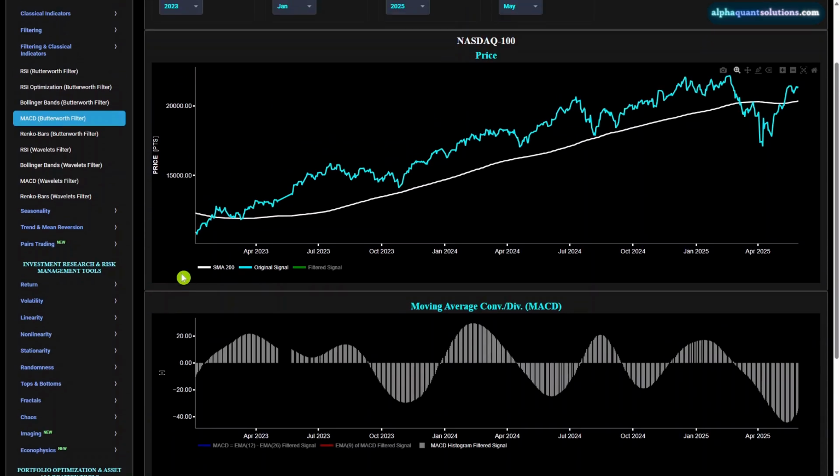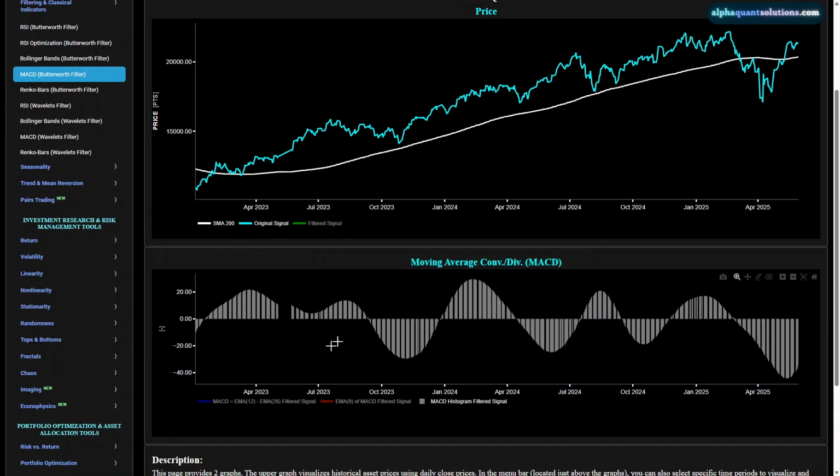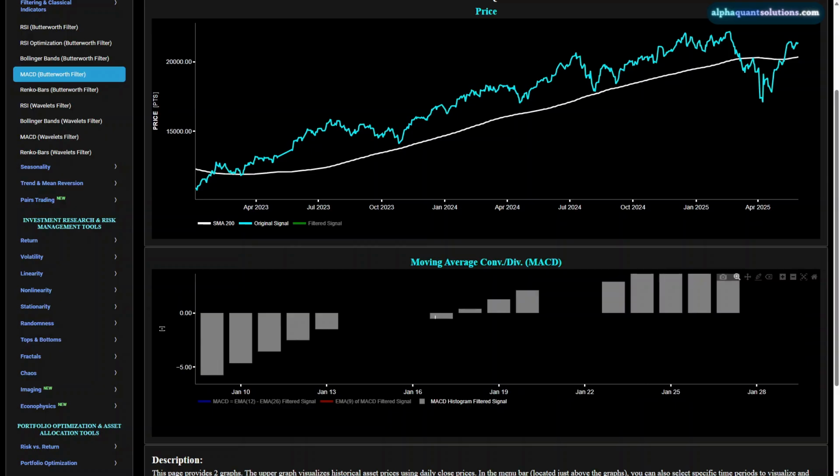Next, we will look now for potential entry positions. So our long-only algorithm said that we want to see the MACD histograms crossing the zero line from below. So this could be a potential entry around, let's zoom in.